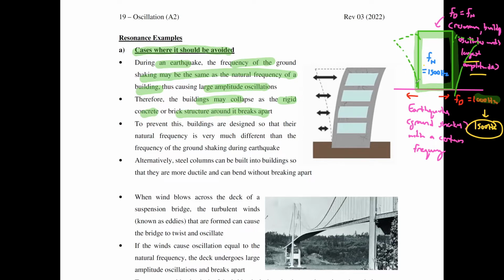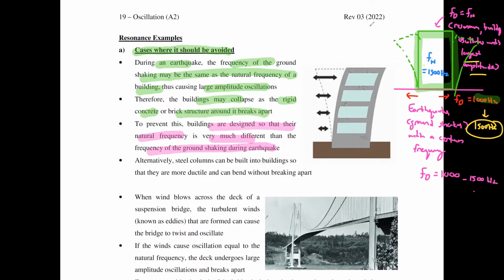In order to prevent your building from collapsing due to resonance, what they normally do is design the buildings so that the natural frequency is very much different from the frequency of the ground shaking during an earthquake. For the sake of discussion, say the driving frequency of the earthquake is known to be between 1000 to 1500 hertz.